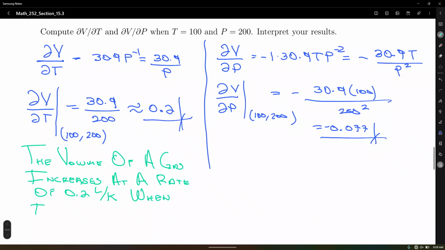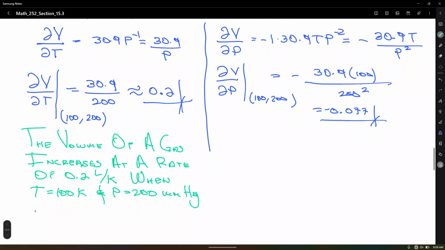When T equals 100 and P, the pressure, is 200 millimeters of mercury, and when the pressure is constant. So that is the interpretation of the first result.